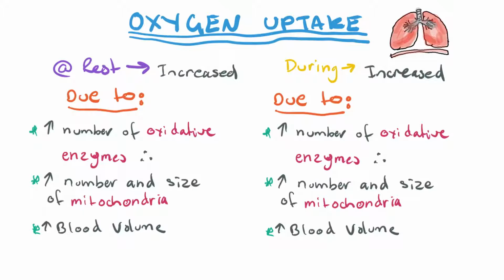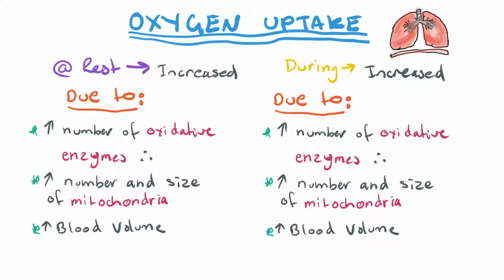Now, when we have a look at the reasons why for this, it's because the number of oxidative enzymes have increased, and therefore the number and size of mitochondria also increased. Now, oxidative enzymes are enzymes that exist in breaking down chemical compounds, for example, the breaking down of carbohydrates and fat to produce ATP.